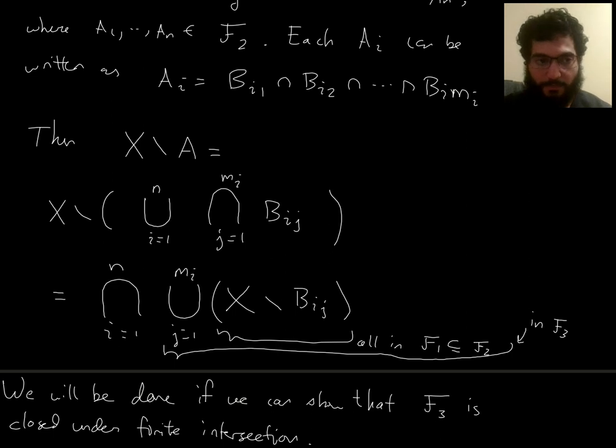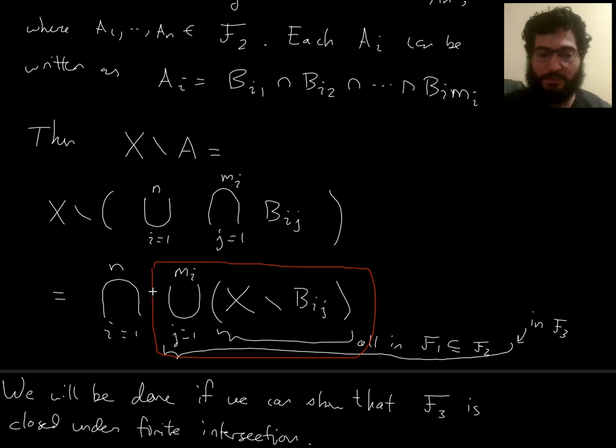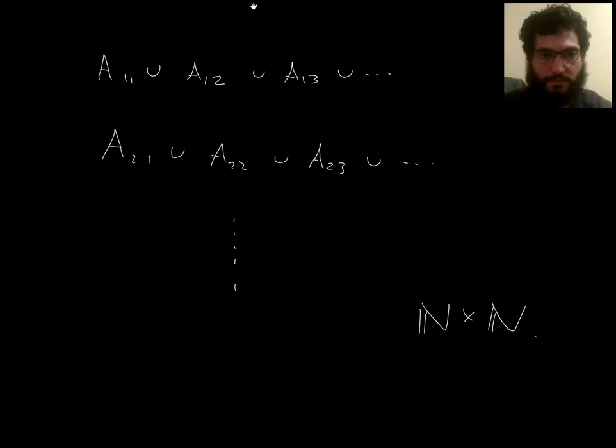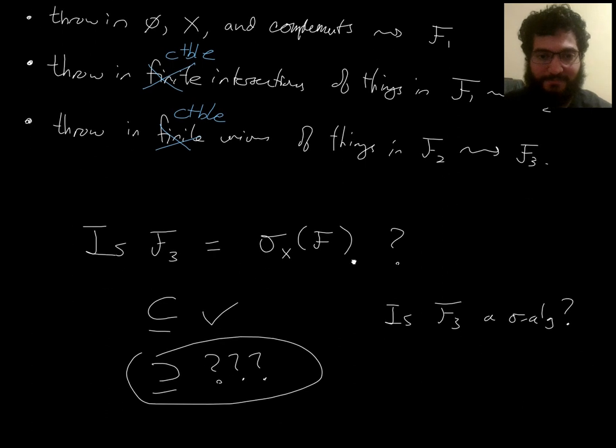Therefore, this is always in F3, because it's a countable union of things in F2. So it's something in F3. And so we've reduced the problem to showing that F3 is closed under countable intersections. Sorry, here.